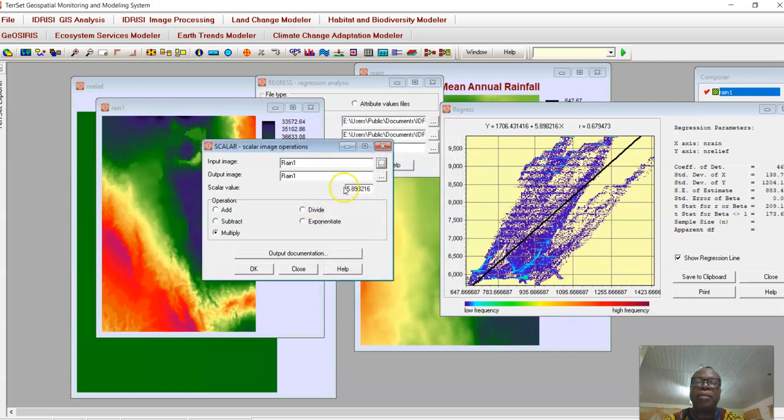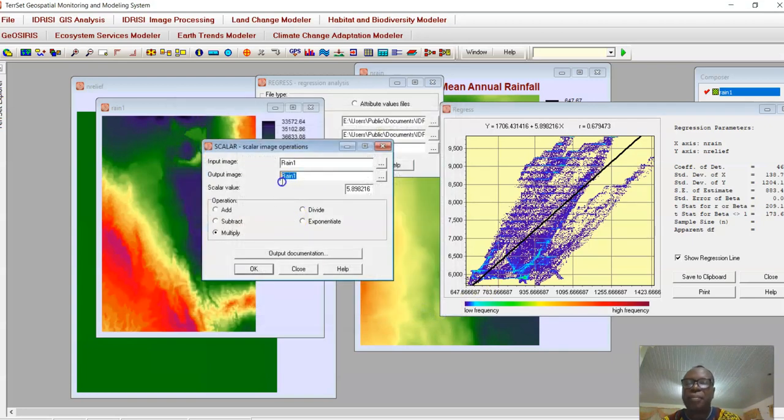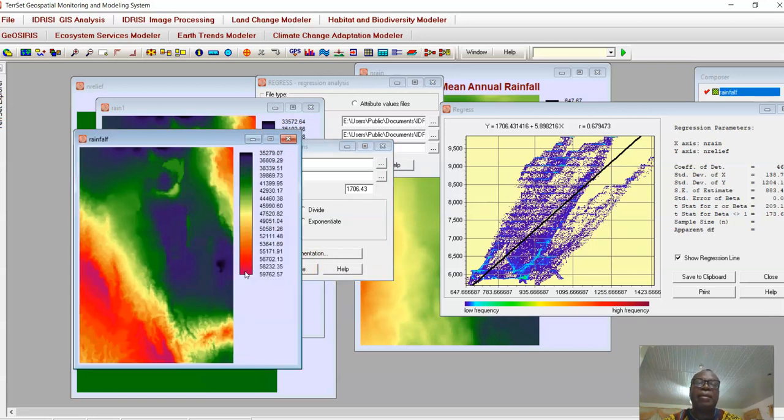So our input is rain 1 and our output image, we are going to put it as rain F, which is rain final. What we are going to add to it now is 1706.43, and it's going to be add. The other one we multiplied, but this one we are adding. When we add, it gives us this image.